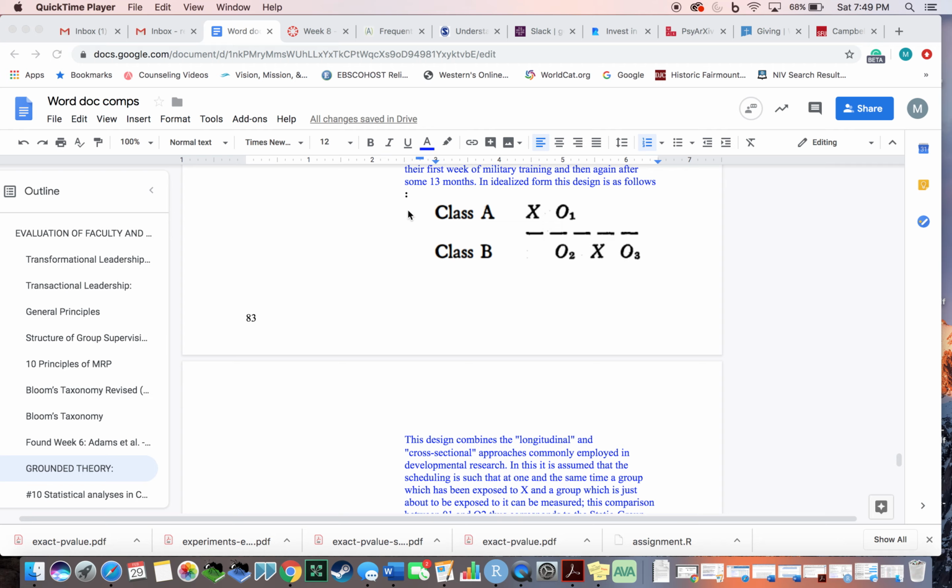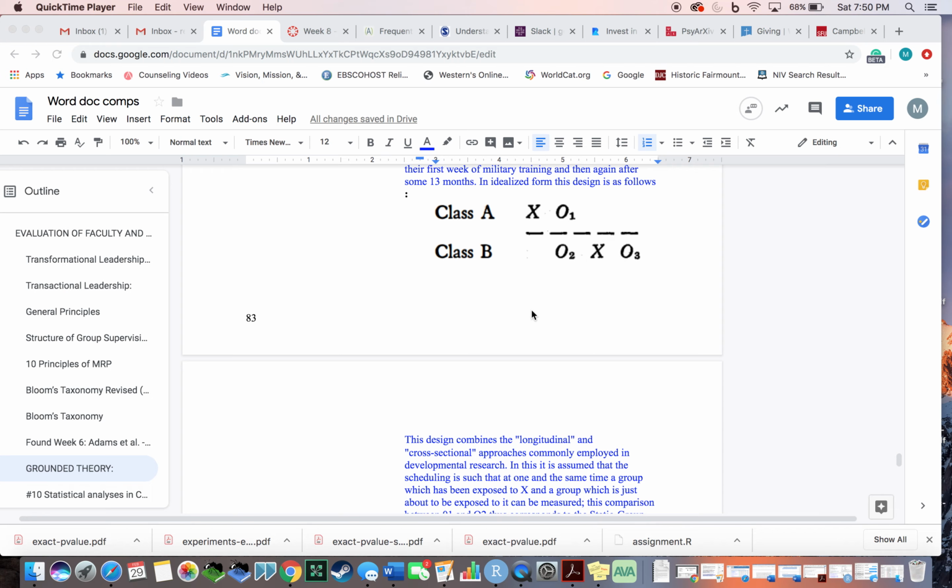So let's say Class A starts the on-campus program in 2012. They would go through the program and graduate in 2014, and we observe their knowledge of DSM nomenclature and career theory there. Class B is in the on-campus program as well, but they start in 2014 and then go through and graduate in 2016, and we test their knowledge. We do a pre-test and then a post-test there.